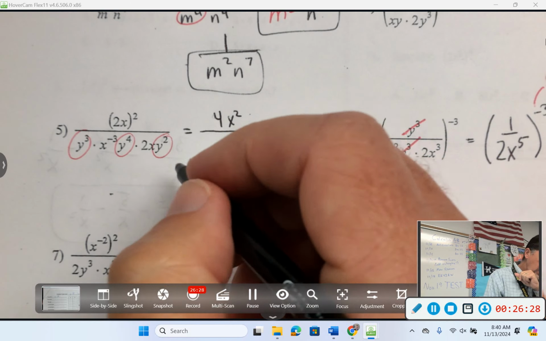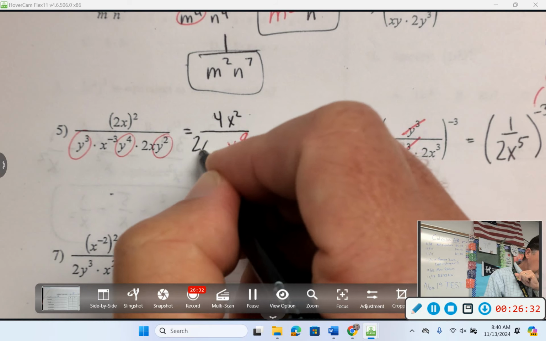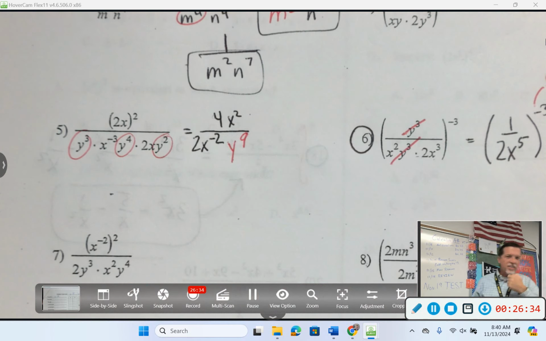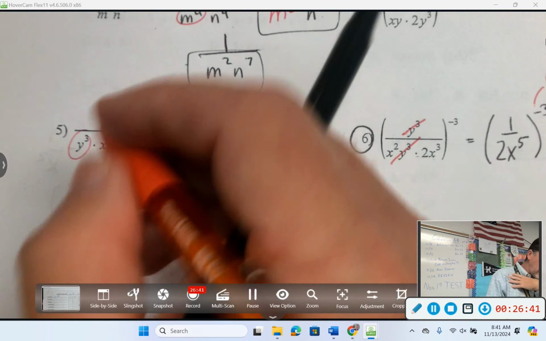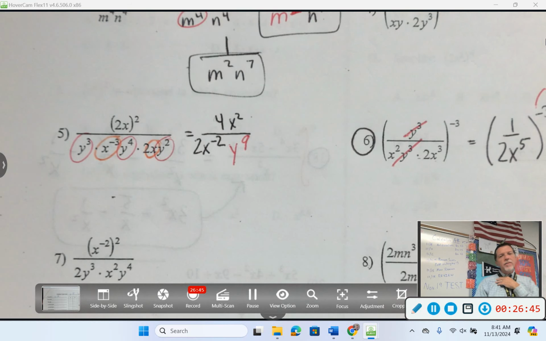Yes, 7. And then that would be negative 2x. Like the negative 2x, yeah, x to the negative 2. Right? Because I've combined the negative 3 plus 1 is negative 2.